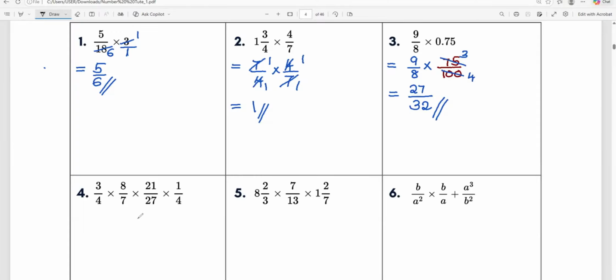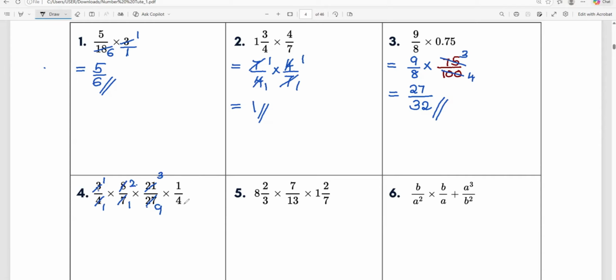Fourth one, 1, 2, 3, 4. 4 fractions are there. The same way we can cancel off top and bottom numbers. 3 and 27 we can cancel by 3. 3 times 1. This is 3 times 9. 7 and 21. 7 times 1. 7 times 3. 4 and 8. 4 times 1. 4 times 2.